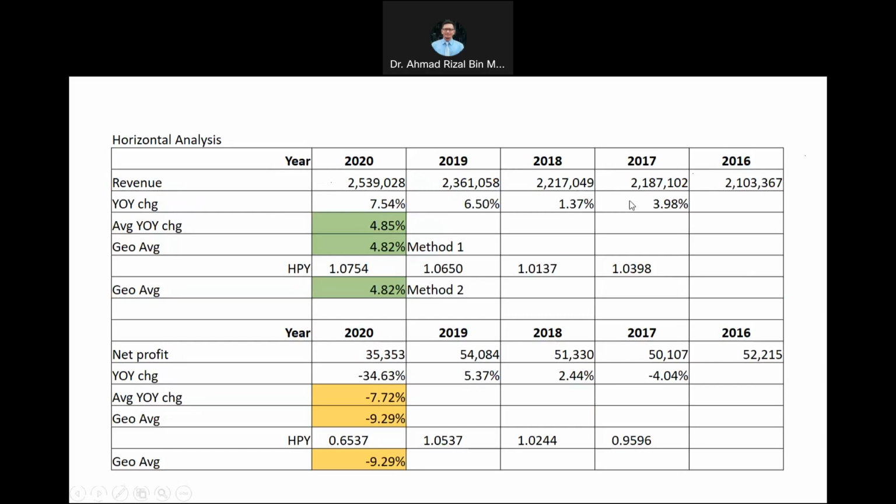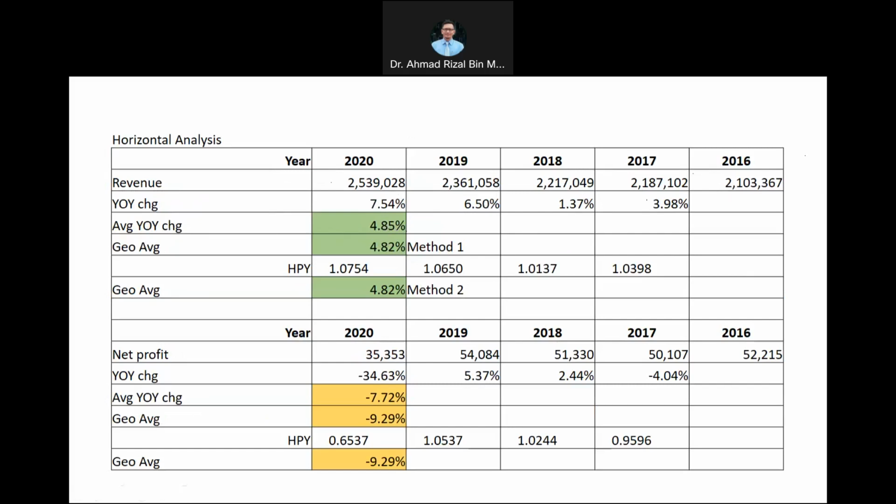The growth rate varied, lowest being in 2018, highest being in 2020, and on average, using arithmetic average, this 4.85% is the arithmetic average. I'm sure all of you know how to calculate the arithmetic average. So you add all 4 and divide by 4. It turns out to be 4.85%.